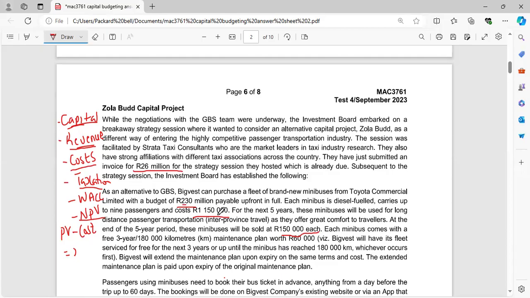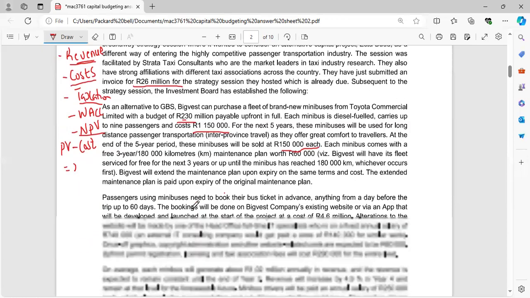Yes. So here we have a sunk cost and capital expenditure. Then let's go again. There is also here, they say at the end of the 5-year period, these minibuses will be sold at 150. So let's do this, okay?